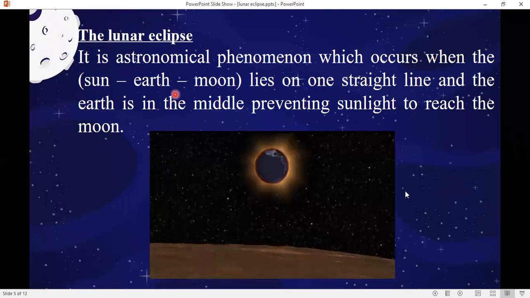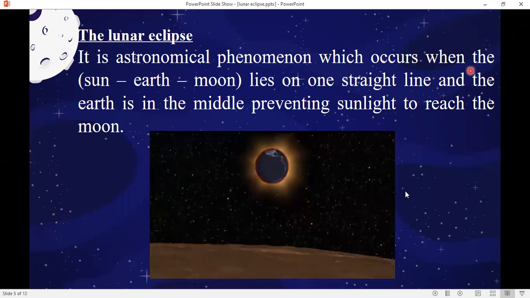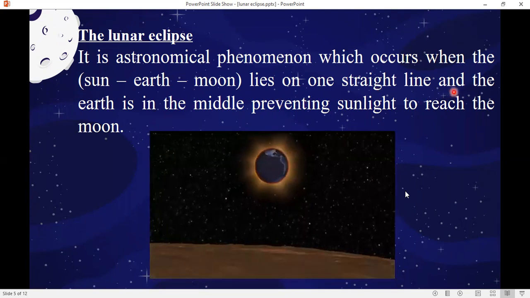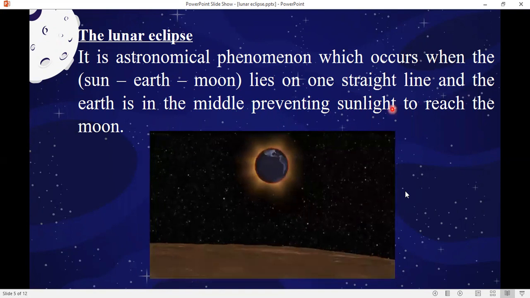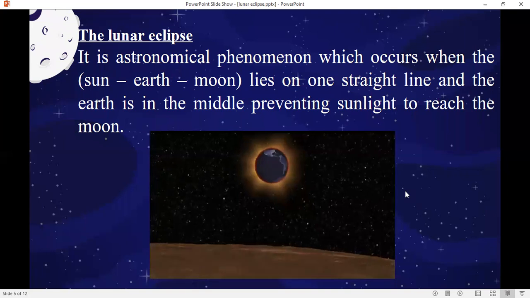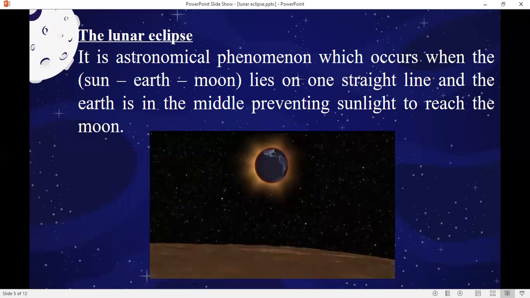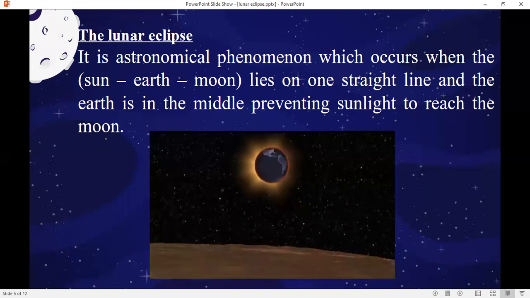It's an astronomical phenomenon which occurs when sun, earth, moon lie on one straight line and the earth is in the middle, preventing sunlight from reaching the moon. So the earth will block the sunlight that comes from the sun. The earth is in front of the sun, so it will block all the sunlight or sometimes part of the sunlight.